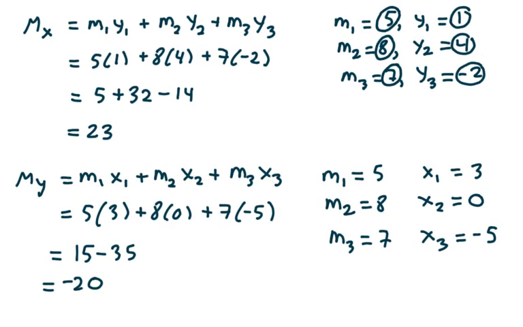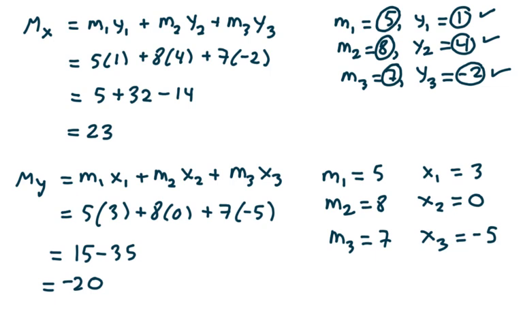And so I just write those down. So notice that y sub 1 is 1, y sub 2 is 4, and y sub 3 is -2. And then I just put everything together. So this is 5 times 1 plus 8 times 4 plus 7 times -2. This is equal to 5 plus 32 minus 14, which is equal to 23.